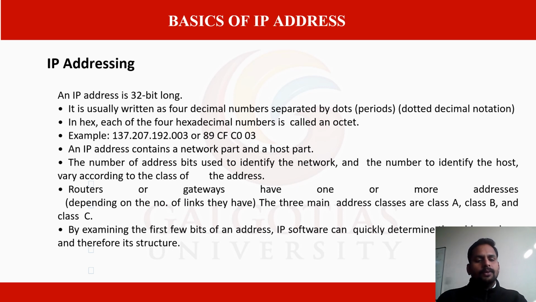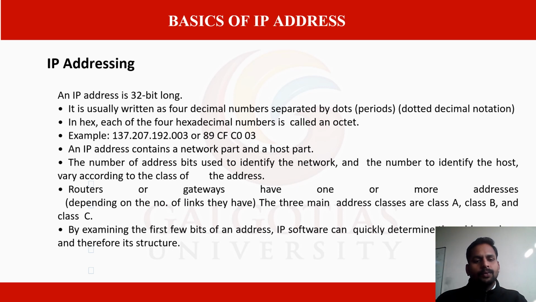The first value of this IP address is 137, which is in the range of class B, because for class A the range is 0 to 126, and class B starts from 128 to 191.